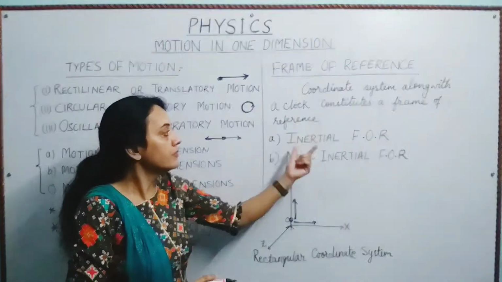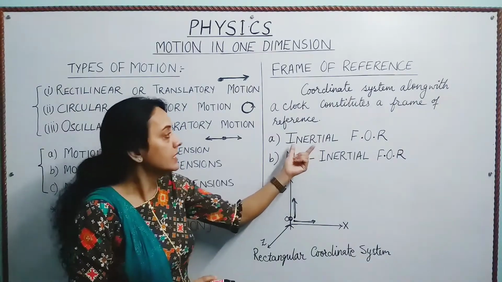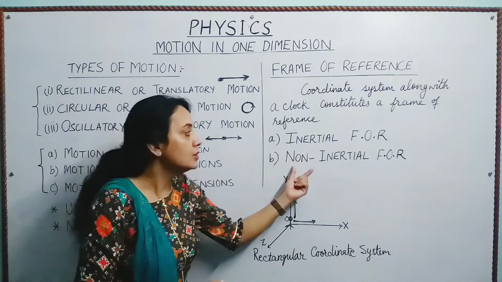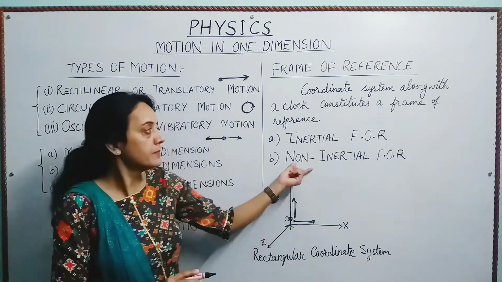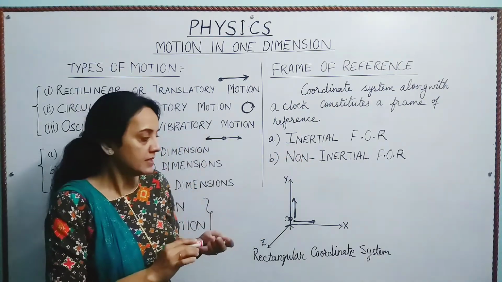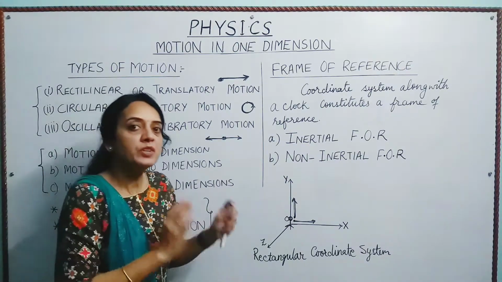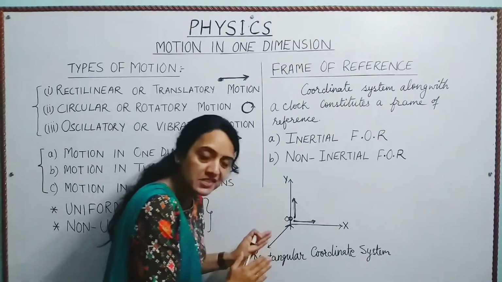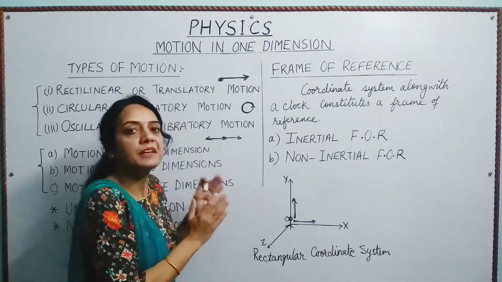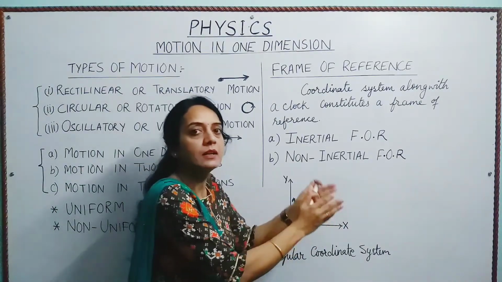Now frame of reference can be of two types: inertial frame of reference and non-inertial frame of reference. An inertial frame of reference is the frame of reference which is either at rest or is moving with a constant velocity.